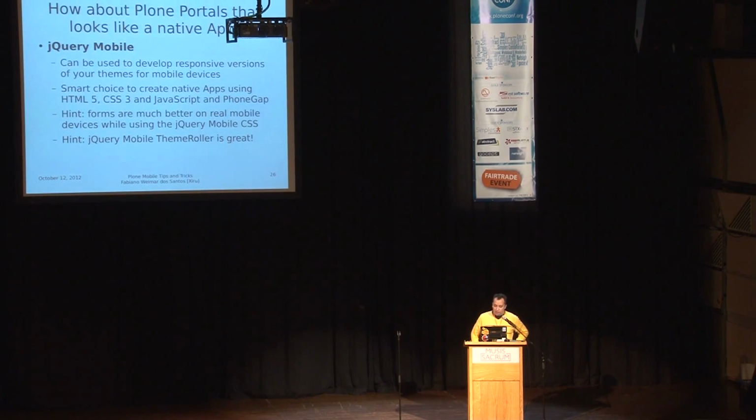So my final tip is about my second approach, related to when you decide to create a mobile website that mimics the look and feel of native interfaces. Sometimes it's useful, sometimes it is exactly what you want to do.